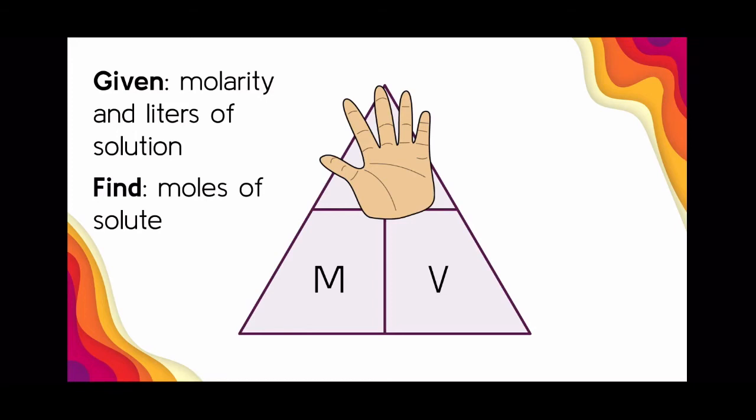So to determine the moles of solute, or N, we are going to multiply the molarity by the liters of solution, or M times V.